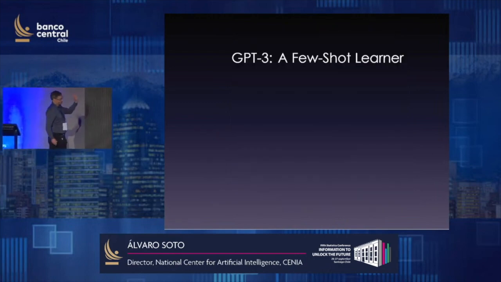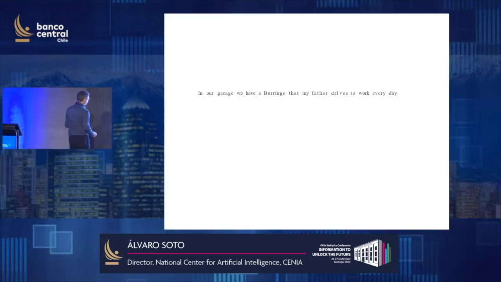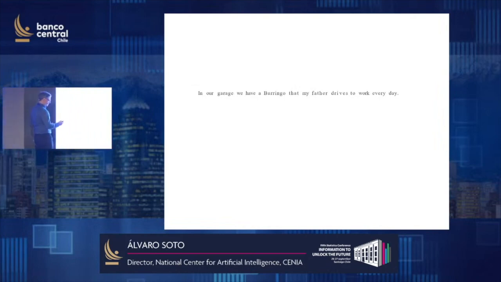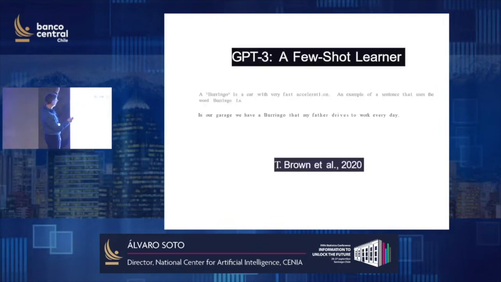So what properties emerge when you push this model in size and scale? Things like this. If you ask one of these models, for example ChatGPT, the input to the model is a text like this one: GPT-3, that's the model in this paper.